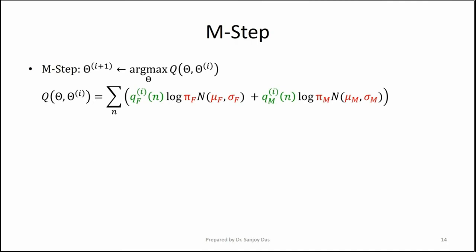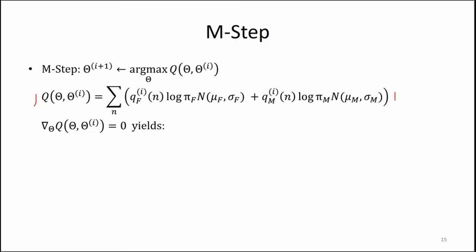And so this is what we have in the M step. The q f's are the known quantities, which I have colored in green, and the unknowns I have colored in red. So this is the Q function for the M step, and I misspoke when I said we have completed the M step. What I meant was we have completed the derivation of the Q function for the M step, and now our goal is to maximize the Q function.